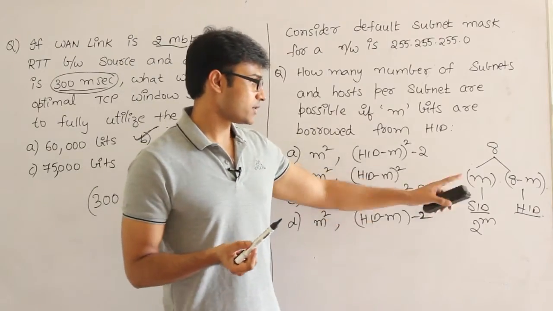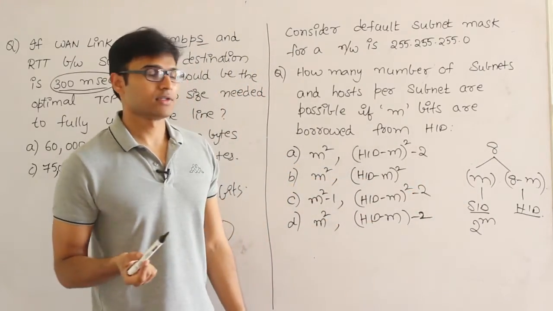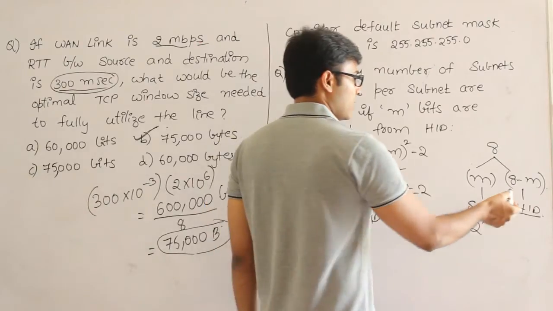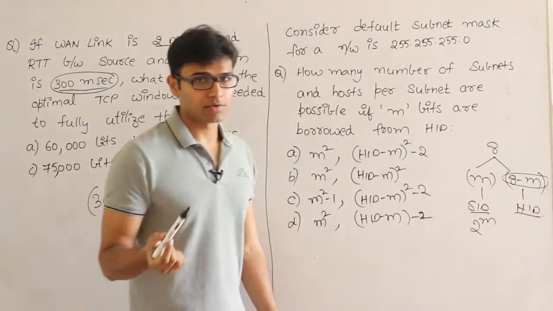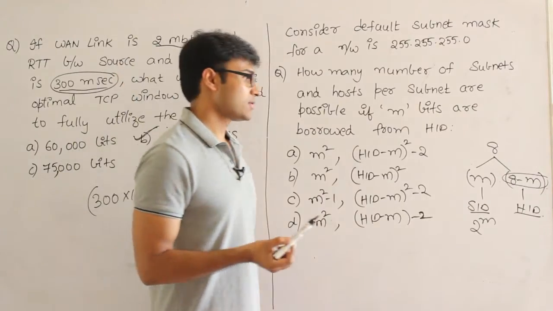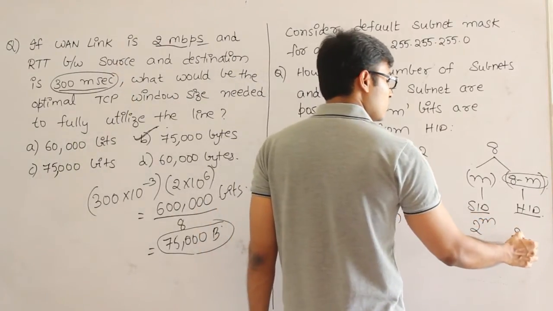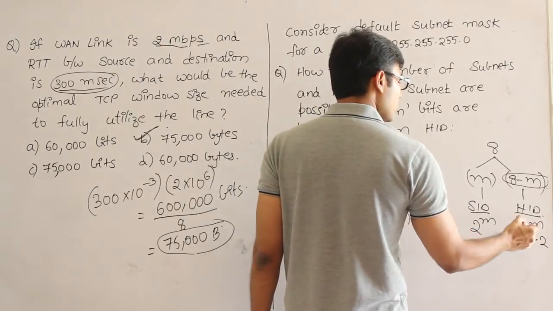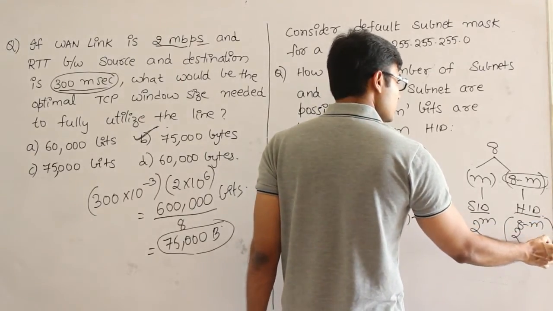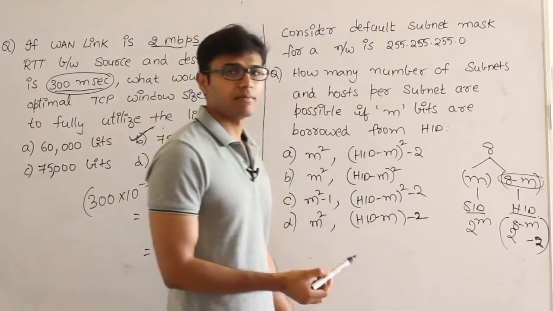If m bits are chosen for subnet ID, then the number of subnets is 2 power m. And if 8 minus m bits are present in the host ID part, then how many hosts are possible? The number of IP addresses possible will be 2 power 8 minus m, and from that you have to subtract 2. Therefore the number of hosts possible is 2 power (8 minus m) minus 2.